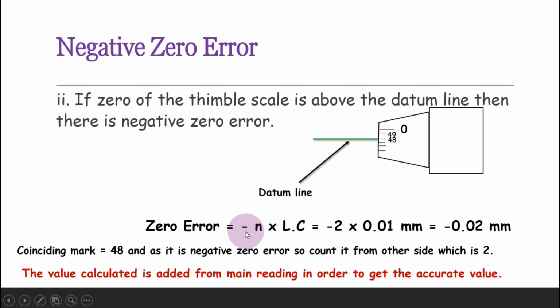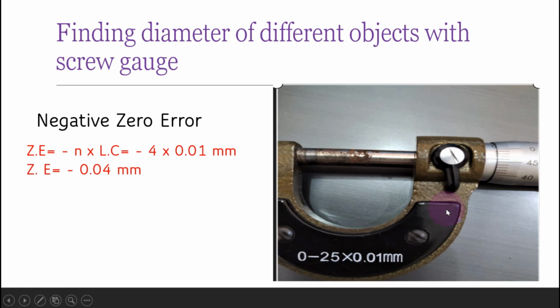The formula will be minus n into least count, and in this case we count n from up. That is, it becomes 0, it is 1, and then this is 2. So we take it as 2, and the answer is minus 0.02. And in the end we are going to add this value to the main reading to get the accurate answer.